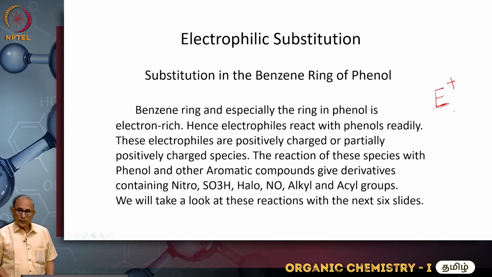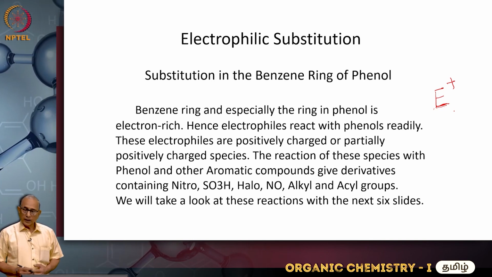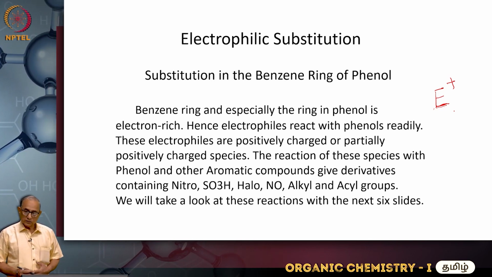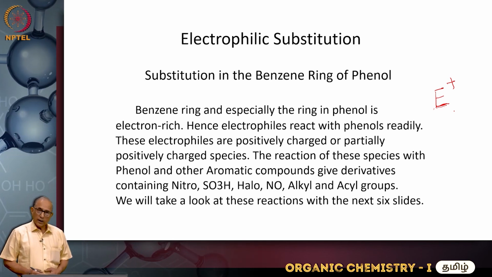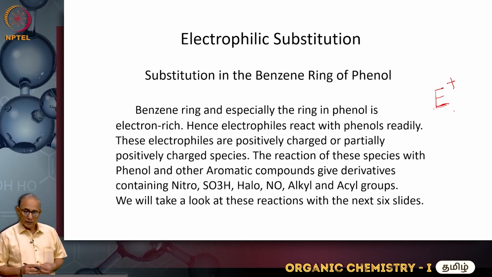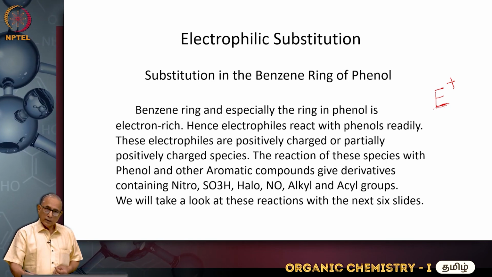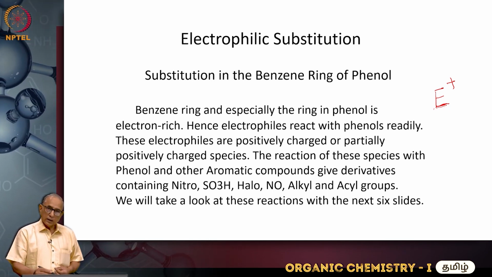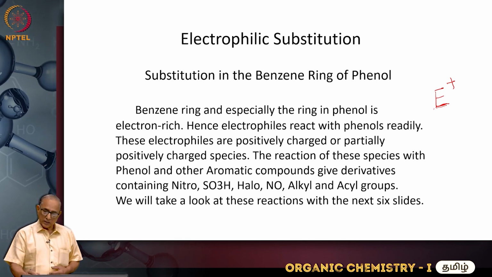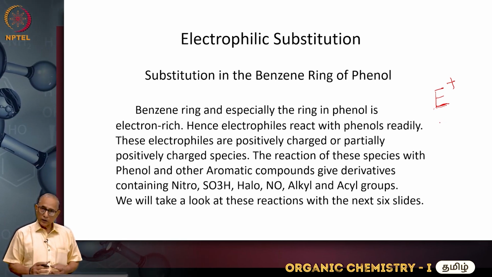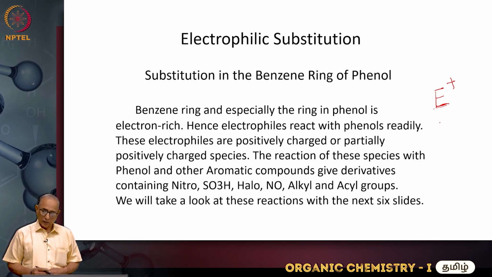This is produced by reaction between usually two reactants, which produce this positively charged species, called electrophile. The name electrophile comes from the fact that this compound reacts with reagents which have high electron density. It seeks electrons. So, electrophile, phile means it is seeking or attracted by that particular reagent.